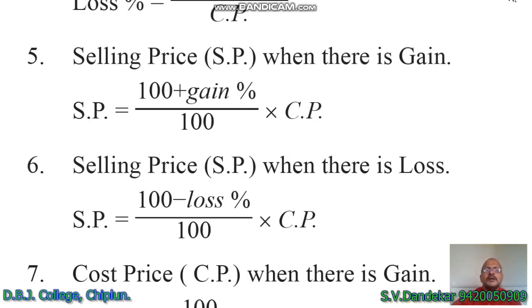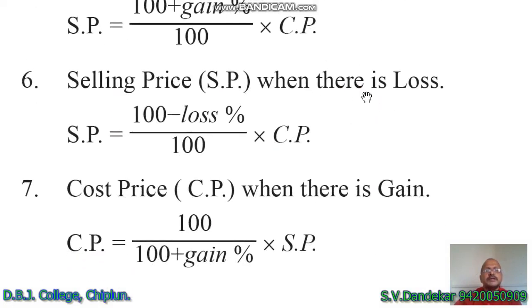For example, if there is a gain of say 7% in the transaction, then the selling price is equal to 107 upon 100 into cost price. No need to find out the gain and then add it to CP to get the SP. You can directly use the formula and find out the selling price.